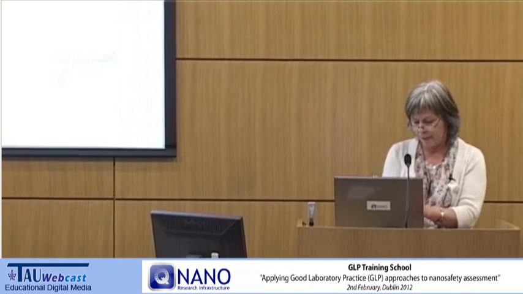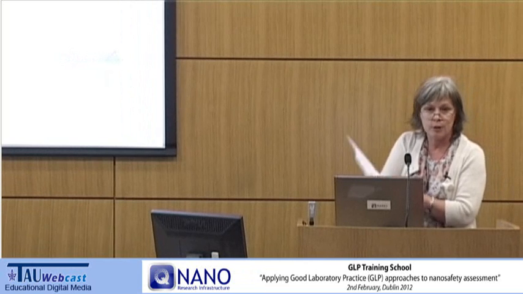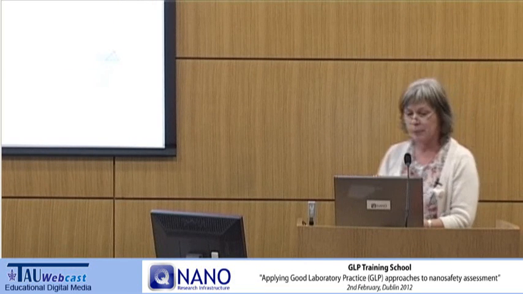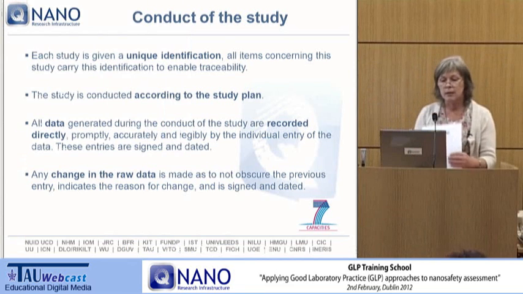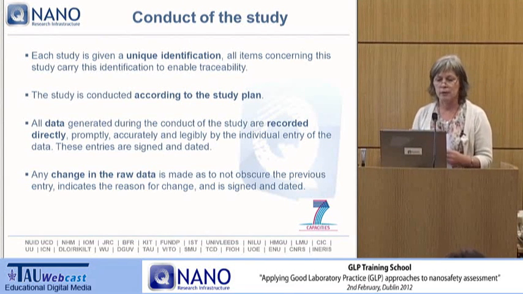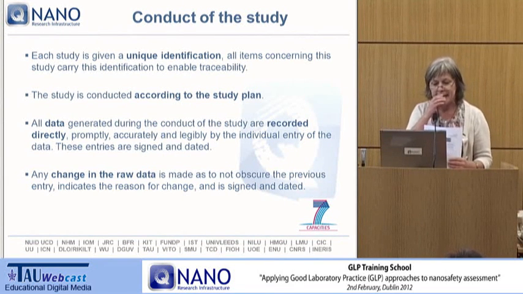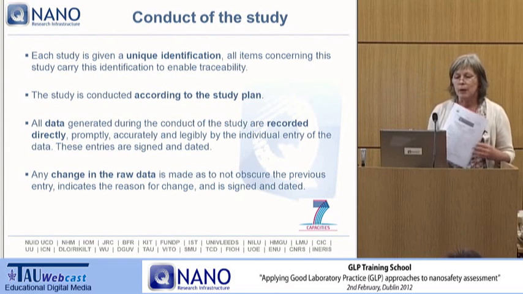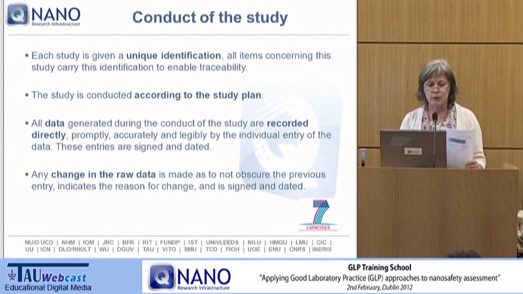Each study should have identification, so you can look at it in the study plan. The study should be conducted, and all data should be recorded directly, promptly, accurately, and legibly by the individual entering the data.